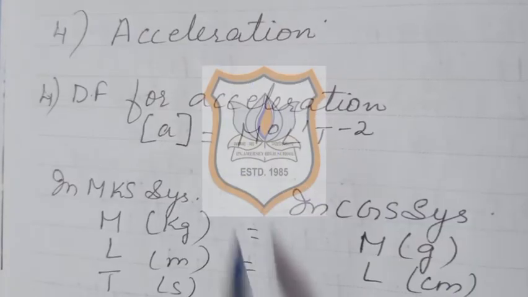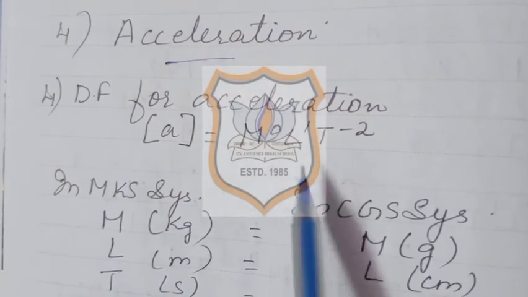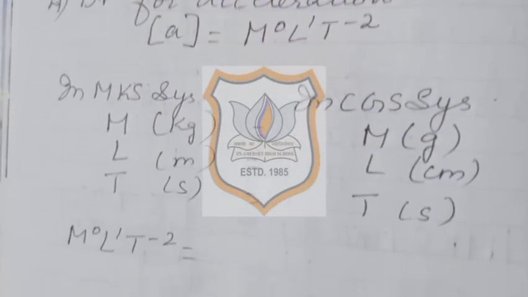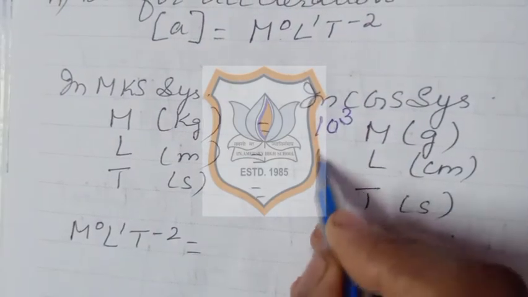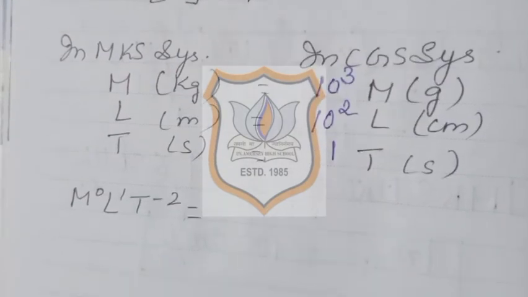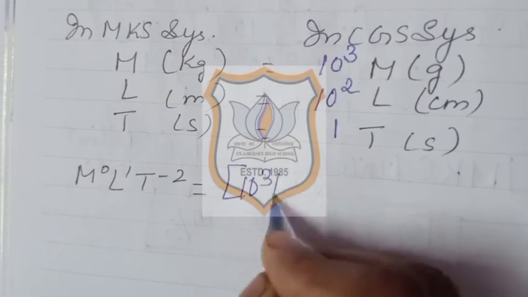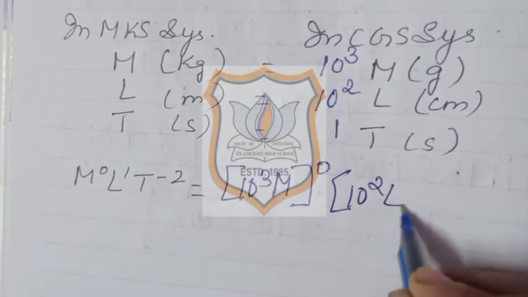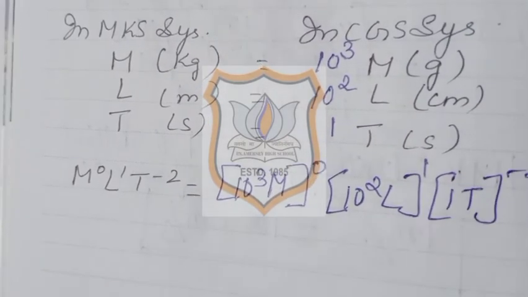The next example I am taking is acceleration. Now what is the dimensional formula for acceleration? m0 L1 t minus 2. This step is common, that is 1 kg is 10 raised to 3 grams, 1 meter is 10 raised to 2 centimeter, 1 second is equal to 1 second. Now substitute: 10 raised to 3, m power is 0, 10 raised to 2, L power is 1, and 1, t power is minus 2.